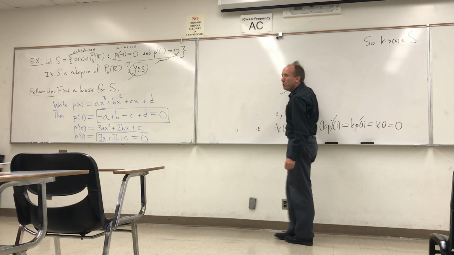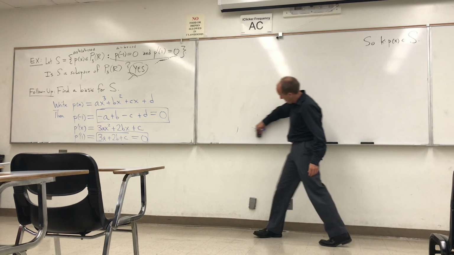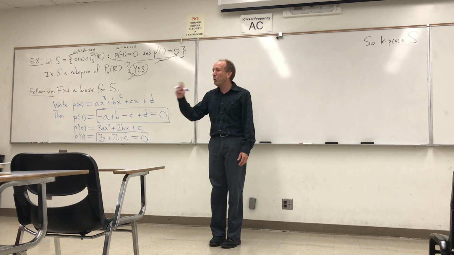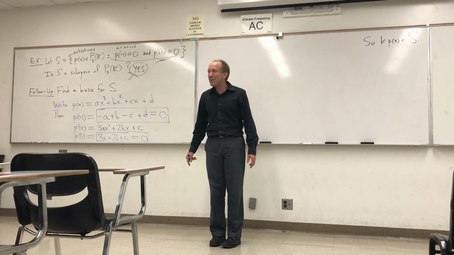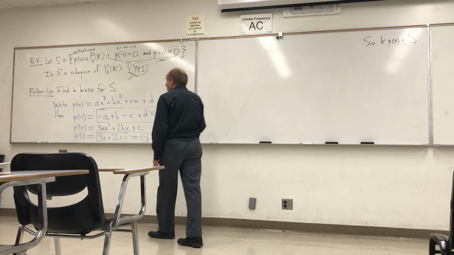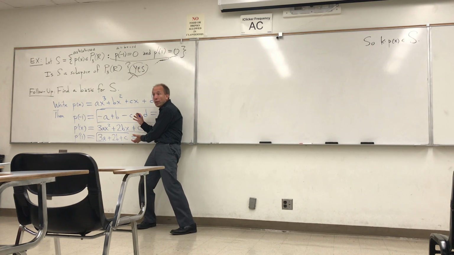Anybody have an idea what I would do next with those two equations? It's absolutely right. Put it in a matrix. It's so often just the go-to thing to do. Now, these are a system of equations.